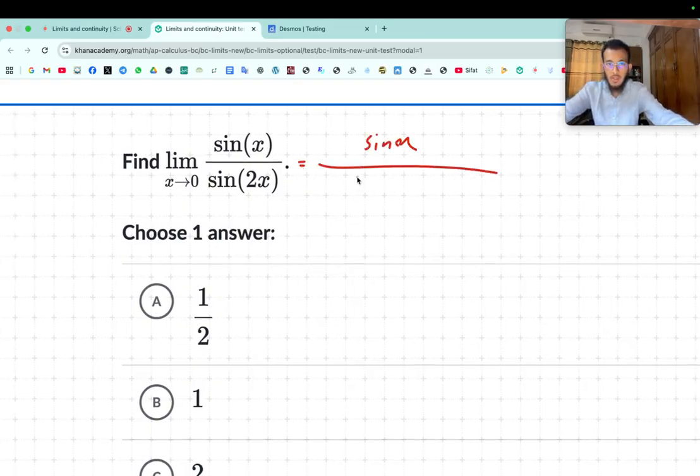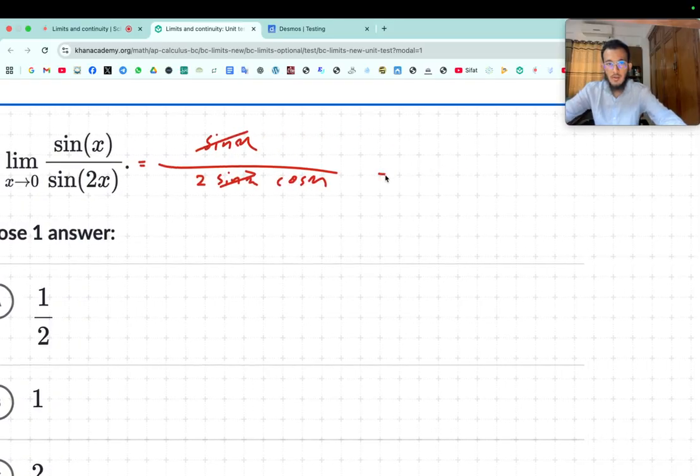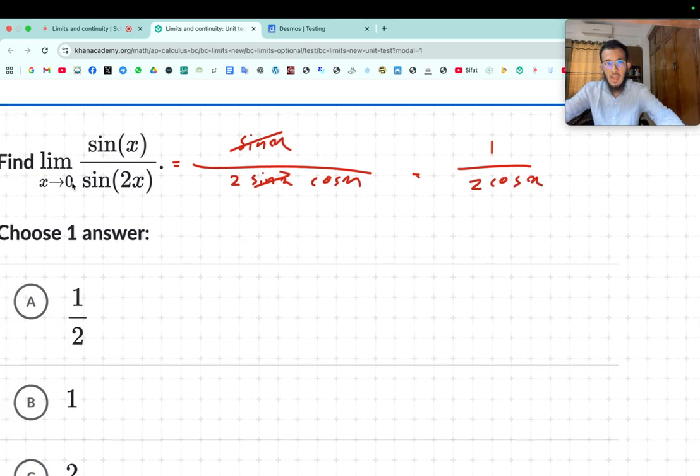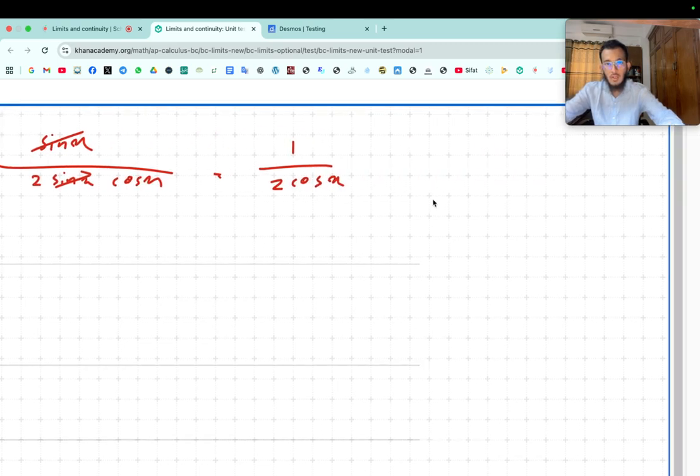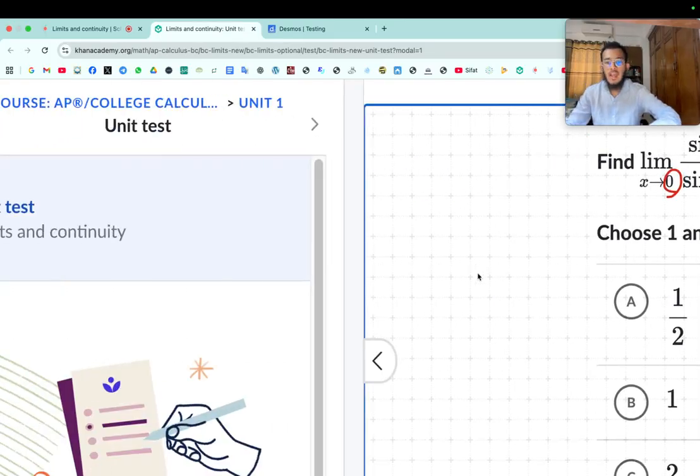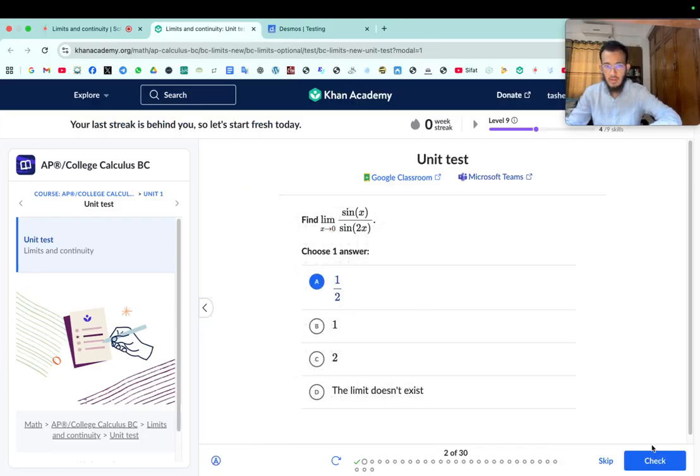We know that sine 2x can be written as 2 sine x cos x, and when we substitute, we cross out sine x from here and we can write 1 upon 2 cos x. Now if you plug in 0 here, we know that cos 0 is 1, so 1 upon 2 times 1 is just half, and this is how we get an answer of half.